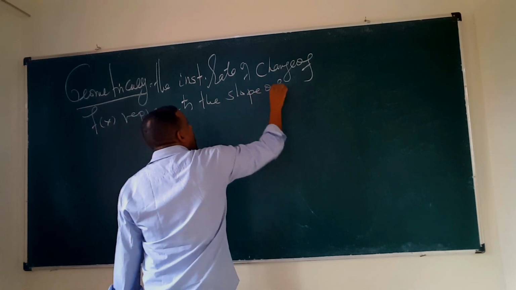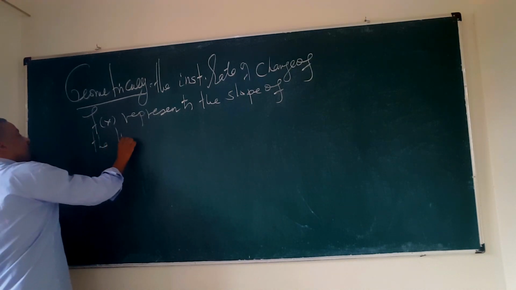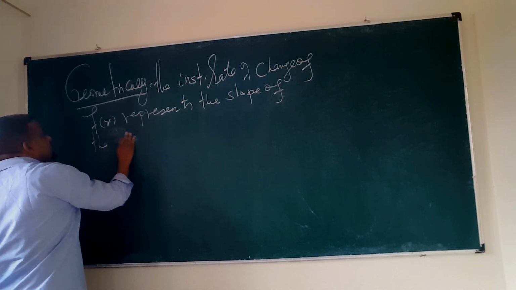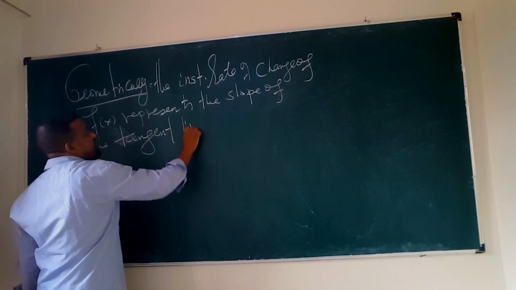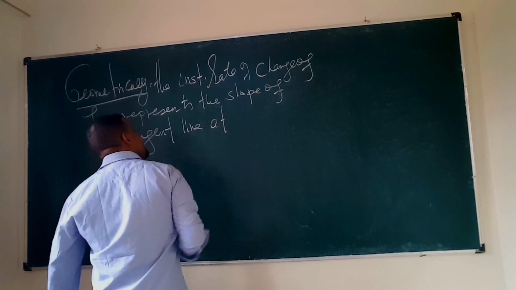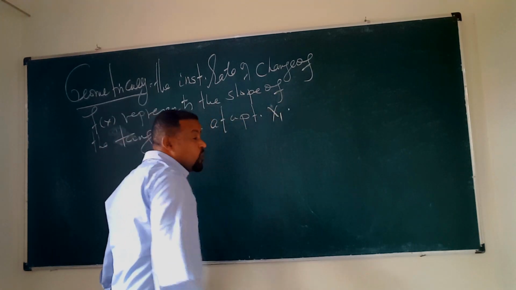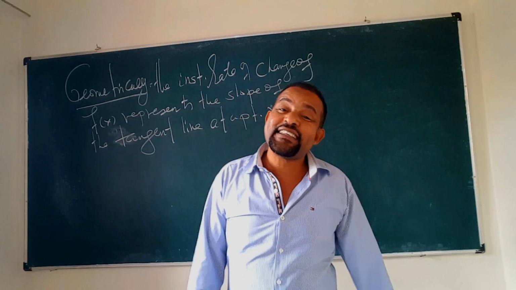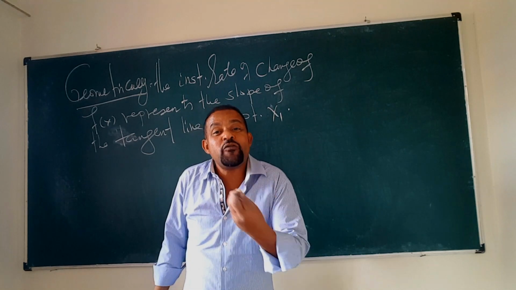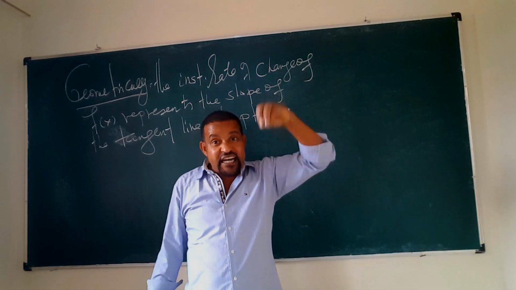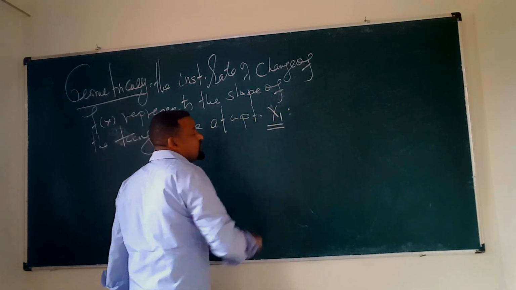The slope of the tangent line at a point where what? x1. So geometrically the instantaneous rate of change of f of x represents the slope of the tangent line to the curve of the given function at a point x1.